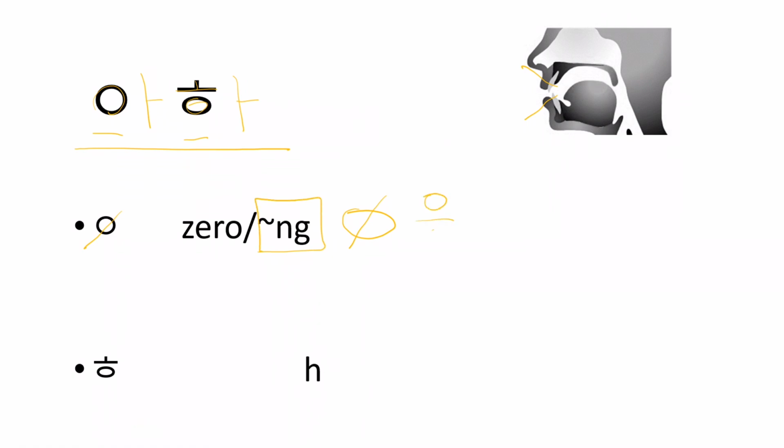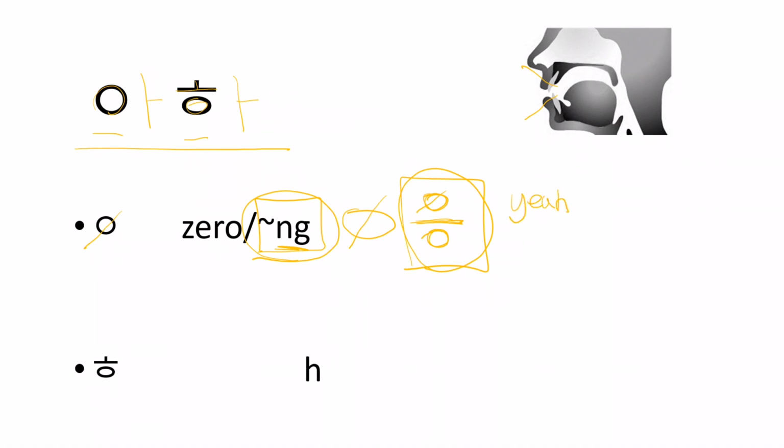Remember we learned in our previous video the word 응. The first zero sound, because it comes first, doesn't have any sound. But the zero sound here at the bottom, because it comes after a vowel, has an ng sound. We say it as ng, and it means yeah.